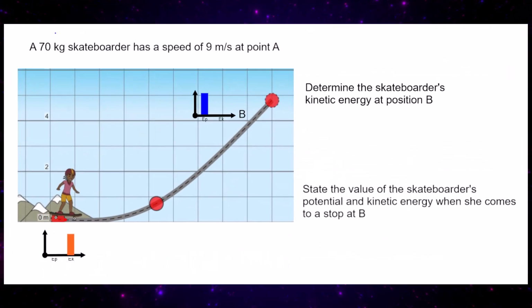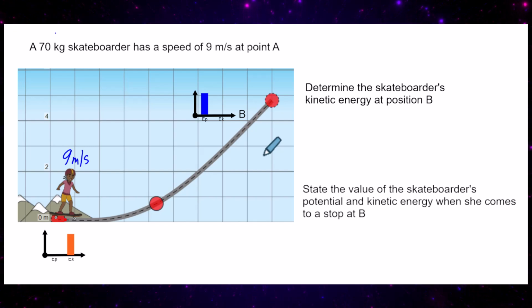So here we have a situation where the skateboarder is at the bottom of the slope and she's travelling with a speed of 9 meters per second, heading towards this slope. Now she's going to have kinetic energy because she's got a speed. And we know it's going to be simply equal to half times her mass times the speed squared.